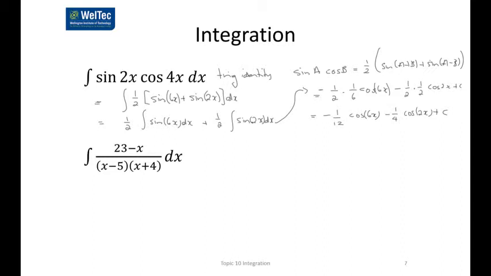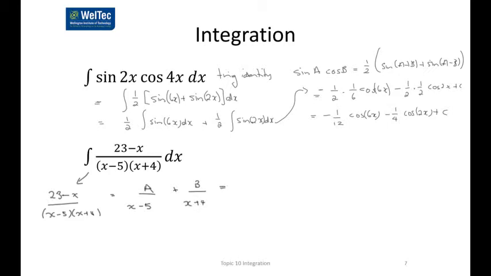Looking at the second problem, in your mind you should suddenly say, that reminds me of the work we did on partial fractions, so we need to decompose this first. We need to decompose (23 minus x) over (x minus 5)(x plus 4) into a over x minus 5 plus b over x plus 4.